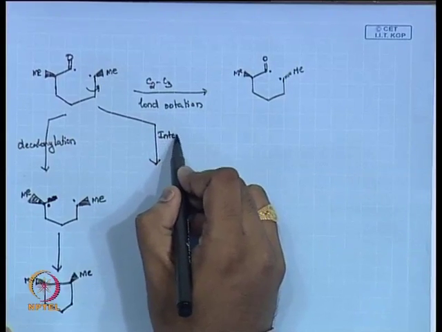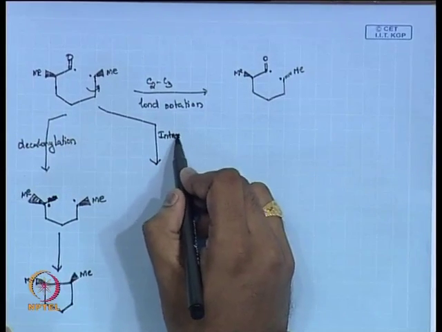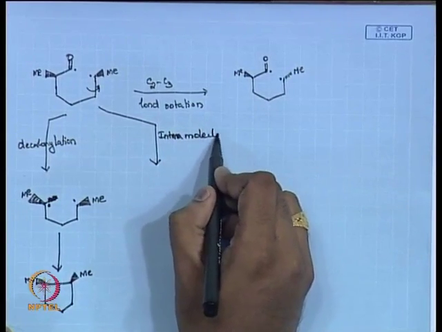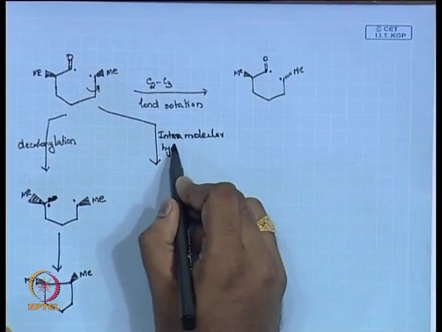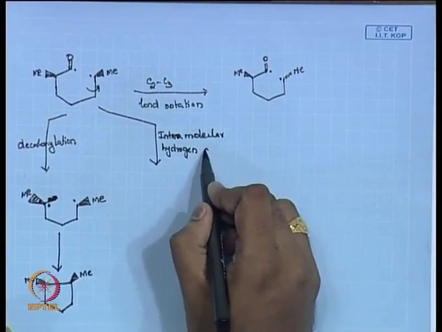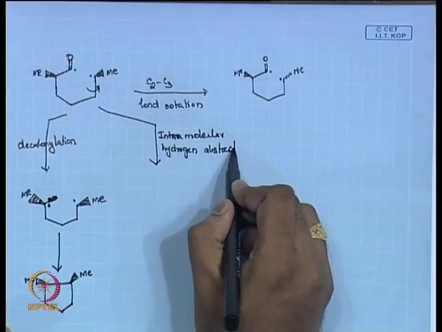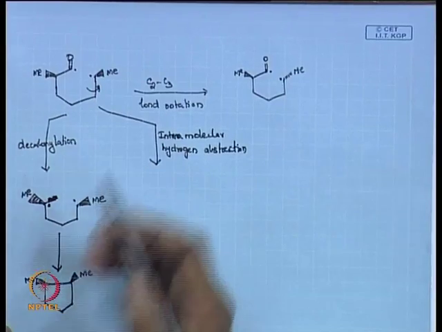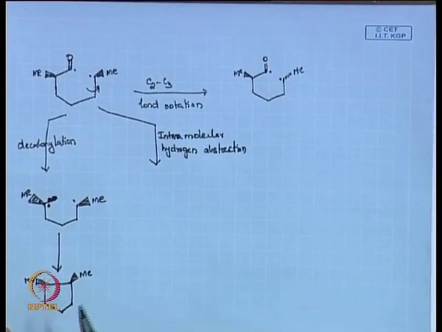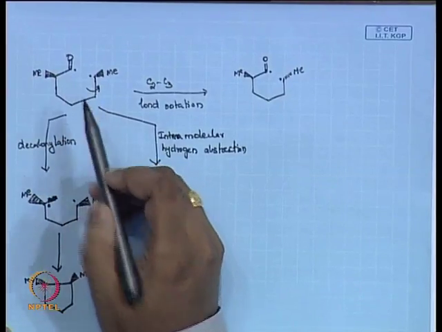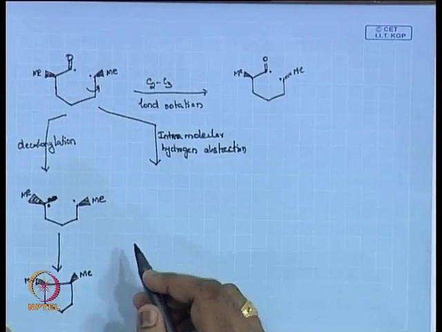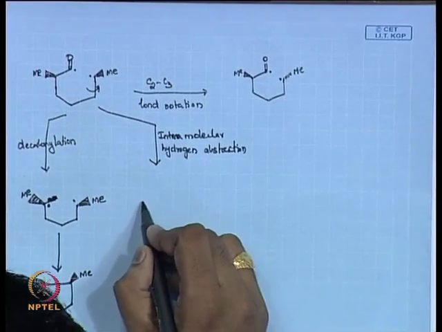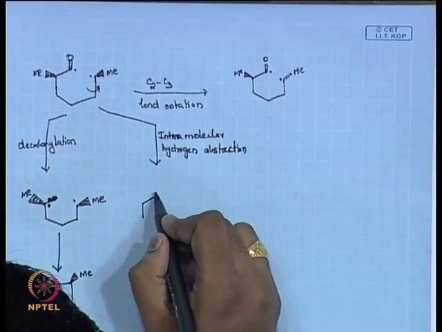Then you get your intramolecular hydrogen abstraction. You can think about this intramolecular hydrogen abstraction. So, what you get? If I pick a hydrogen from here, you get your aldehyde, right? Shall we write that aldehyde?